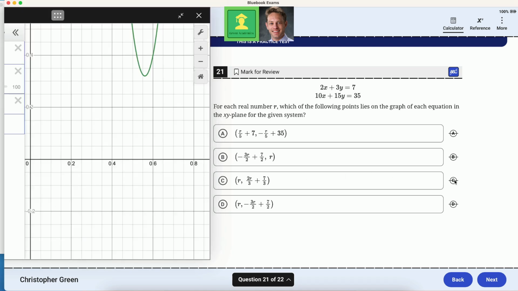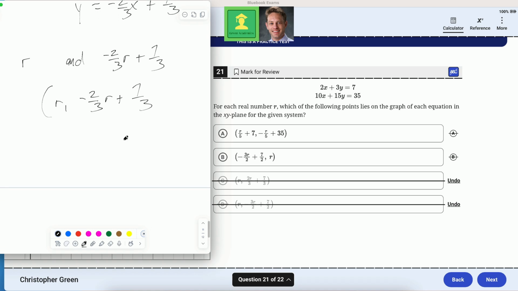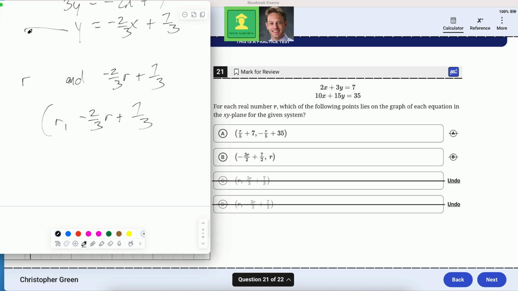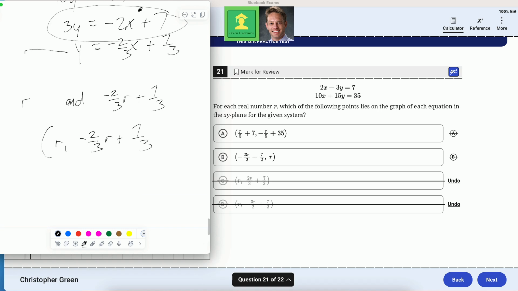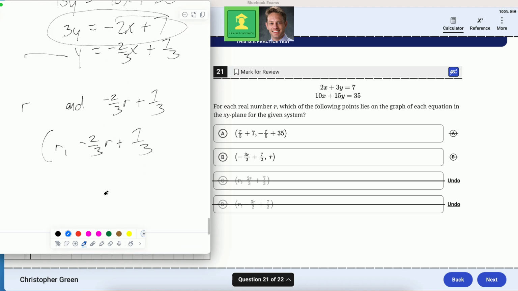So these are gone, but it looks like what's happening is they actually want you to solve for x in terms of y, which is kind of a bizarre way of writing it, but that must be what to do here. So from back up here, if I solve for x in terms of y, I'm going to flip to 2x is negative 3y plus 7.